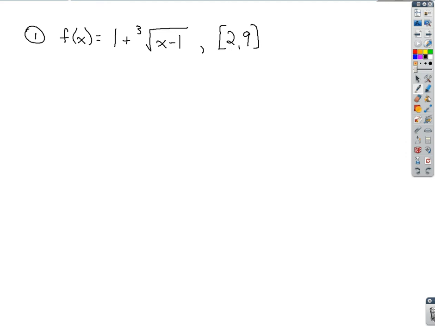the conditions of the mean value theorem. So we first establish that f, our function, is continuous on the interval we're working on. And we also have to establish that the function is differentiable on the open interval we're working on.